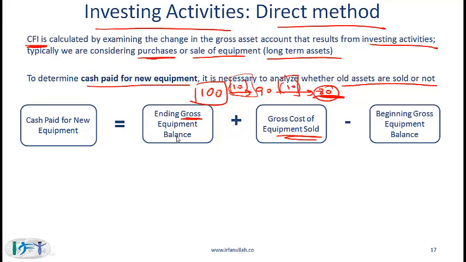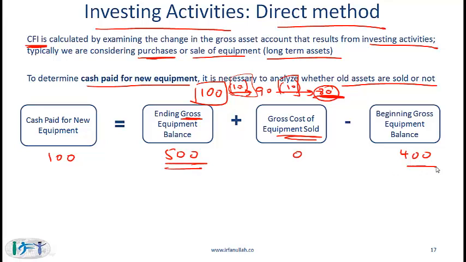If the ending gross equipment balance is 500 and the beginning gross equipment balance is equal to 400, then this obviously means that the cash paid for new equipment must be 100, assuming of course that nothing was sold during the year.